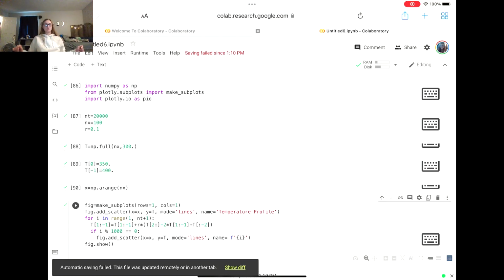Okay, so now we are on to the coding section of this question. So the first thing that we need to do, we just found our matrix. We did our Crank Nicholson method.